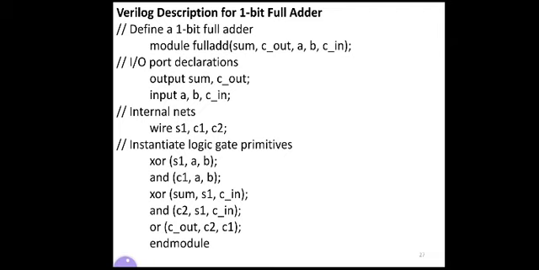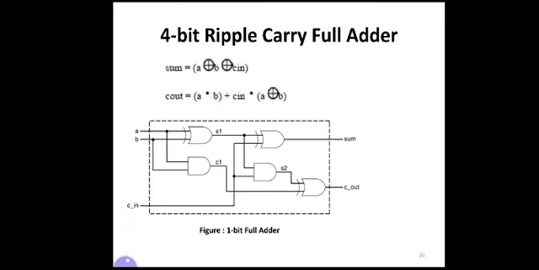Then instantiate the gates. In the circuit diagram, as we have seen, there are two two-input XOR gates, then two AND gates, and one OR gate at the end.